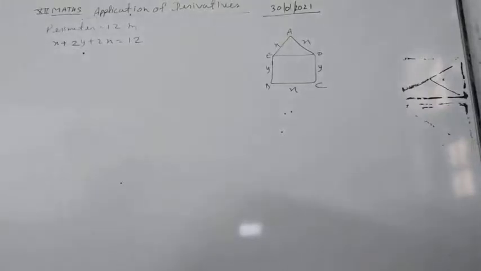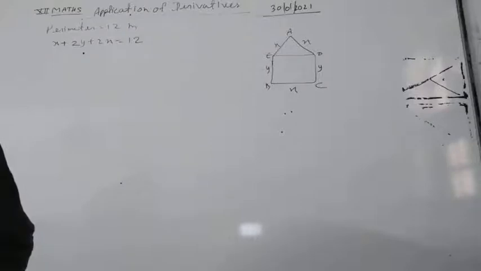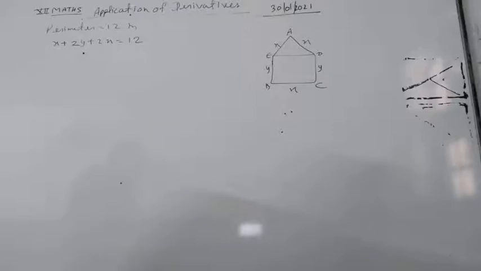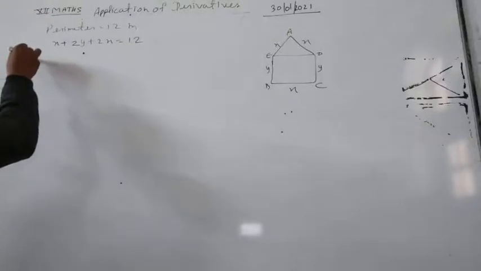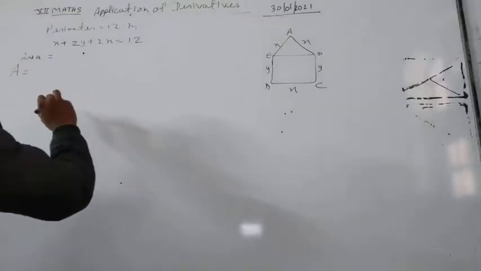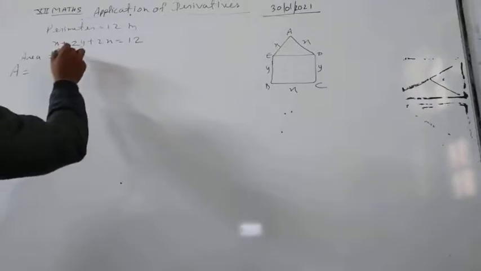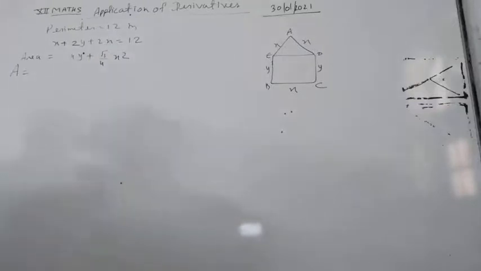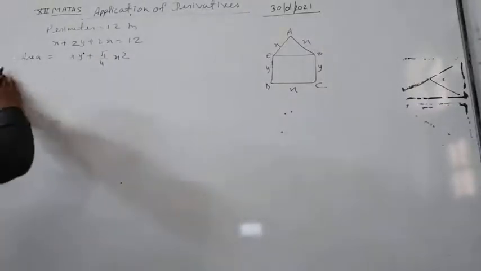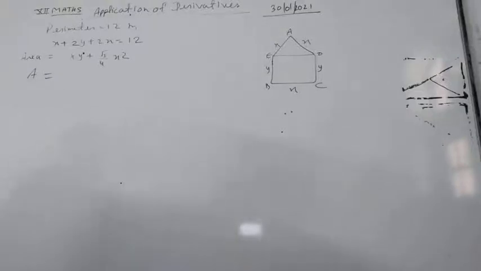Our question says that we have to maximize its area, and the area of the window will be equal to the sum of the area of the equilateral triangle and the area of the rectangle. So area is equal to x into y plus root 3 by 4 x square, because the area of an equilateral triangle is root 3 by 4 x square.